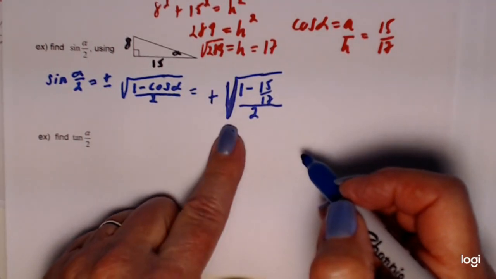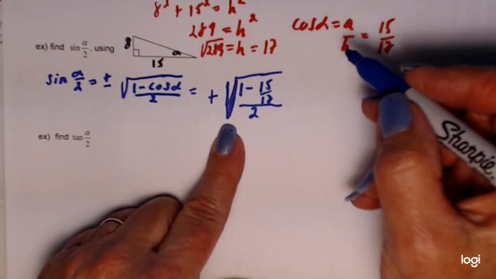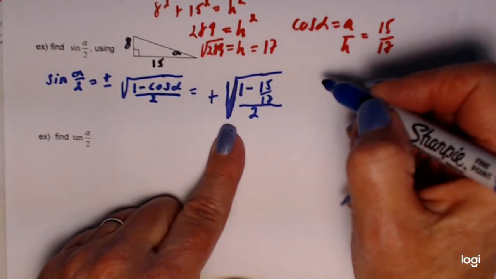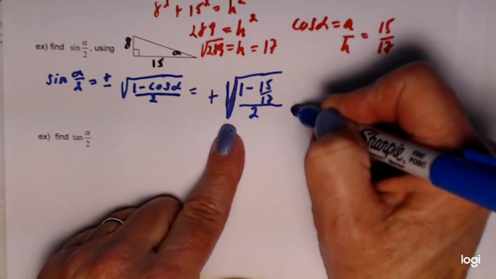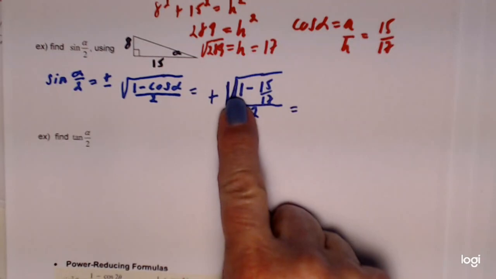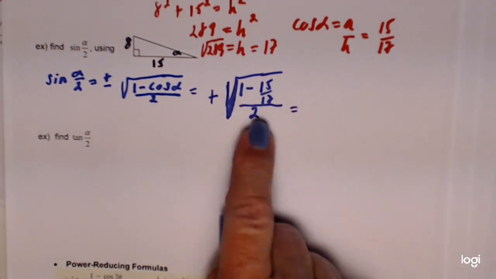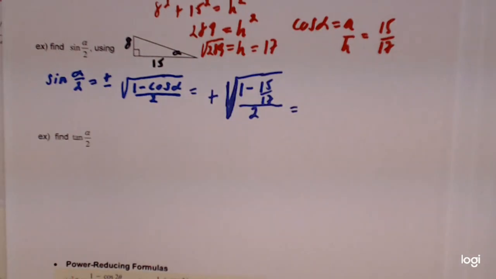So here's our information, and now I'm sure that you can see we're going to have to clean this up. So we could subtract 1 minus 15 over 17, get a fraction, and then clean it up. I'm going to just do what I always do and clean up the complex fraction, multiplying by the least common denominator.